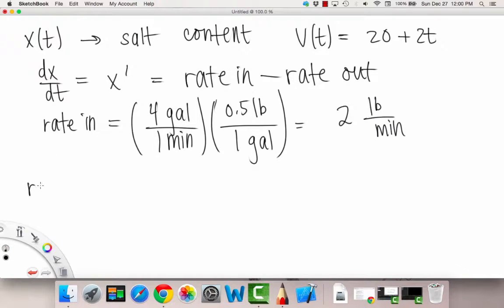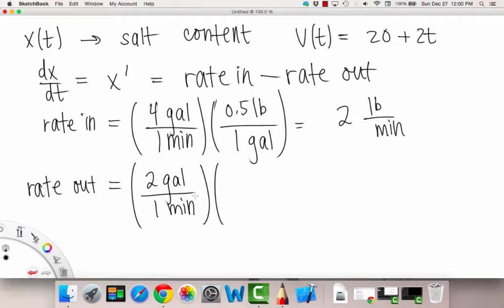And then the rate out. The rate out is given by however much of the solution is exiting. The volume rate of exit is 2 gallons per minute. Remember, that's all that the drain allows to exit in 1 minute. And then our concentration is going to be x of t, whatever salt is in there, divided by the total volume at any given time. And this is where we have to be careful, because this function up here represents our total volume at any given time.